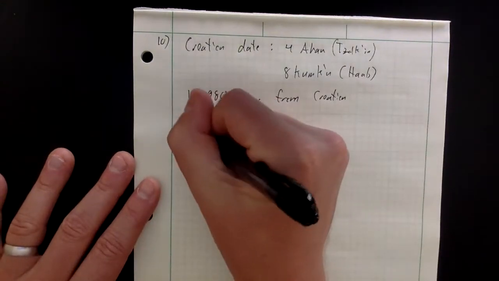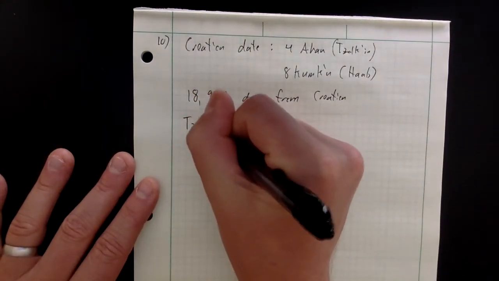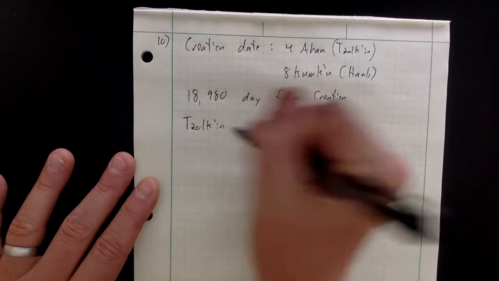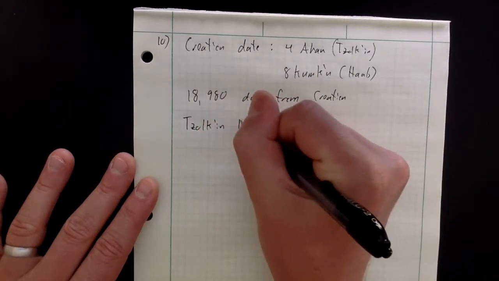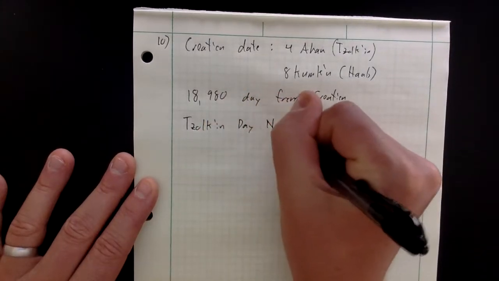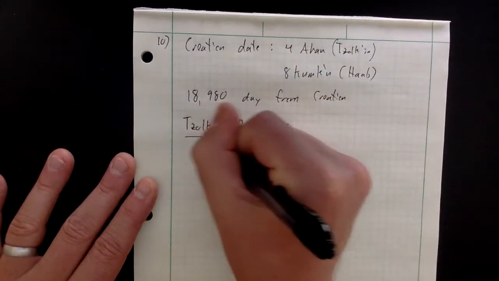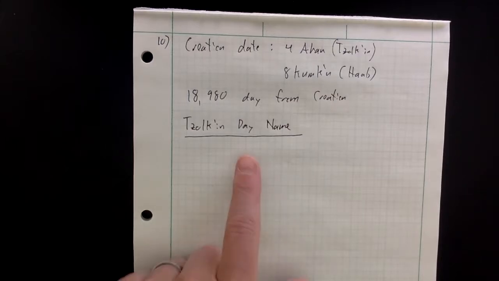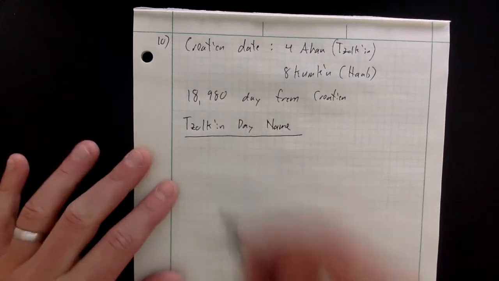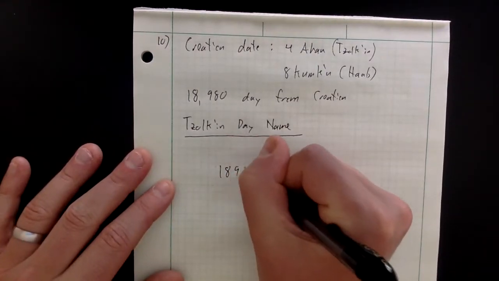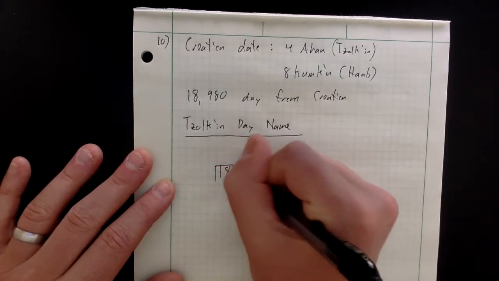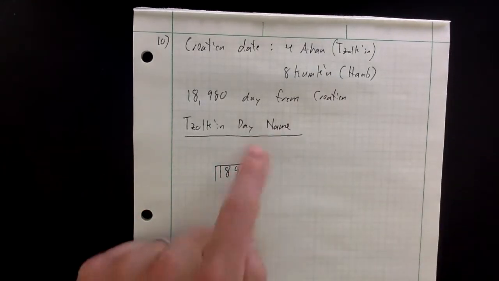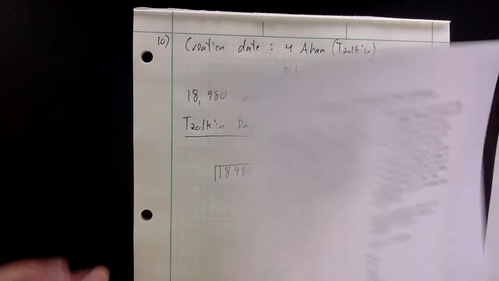So the first thing I'm going to do is look at the Tzolk'in day name. The Tzolk'in date has a two-step process. I want to figure out the new day name. So I need to take 18,980. And remember, how many day names are there on the Tzolk'in calendar?